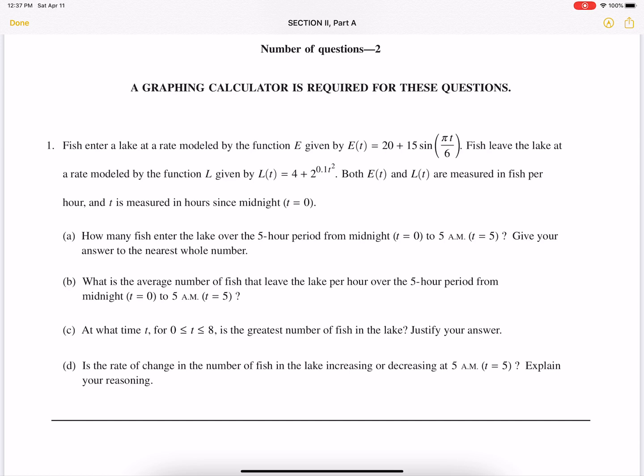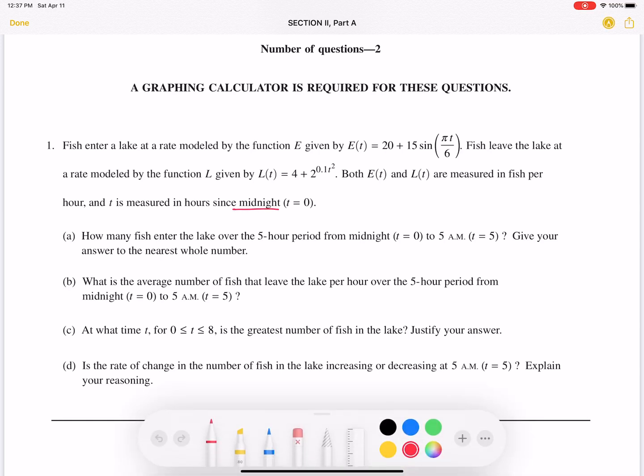That means t equals 0 is midnight. How many fish entered the lake over the 5 hour period from midnight to 5 a.m., from t equals 0 to t equals 5? Give your answer to the nearest whole number. This is a graphing calculator required problem, so you can use your calculator.